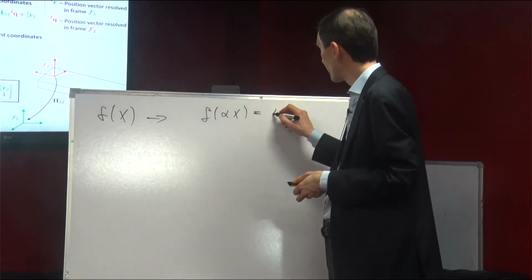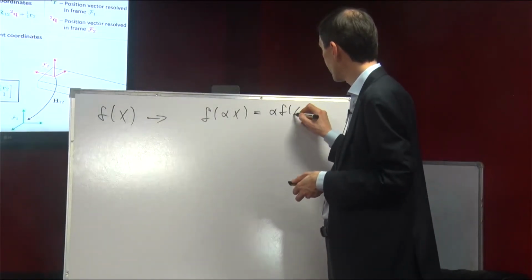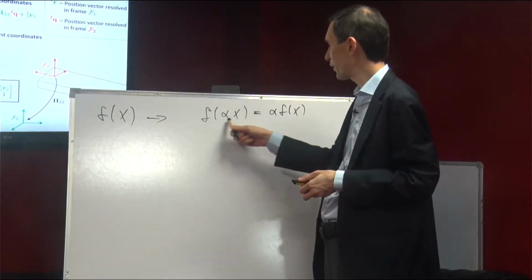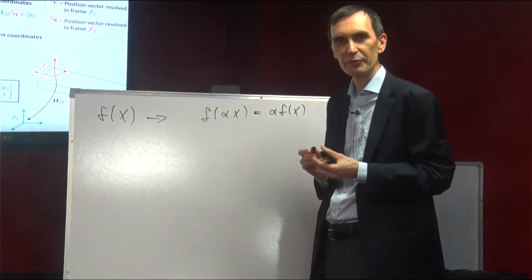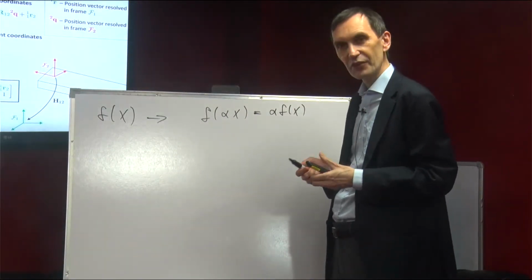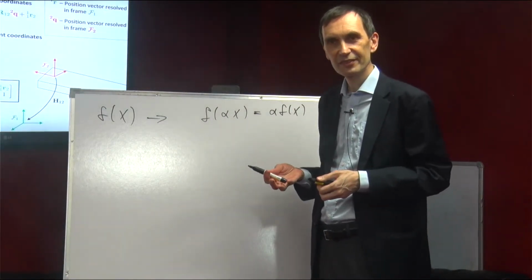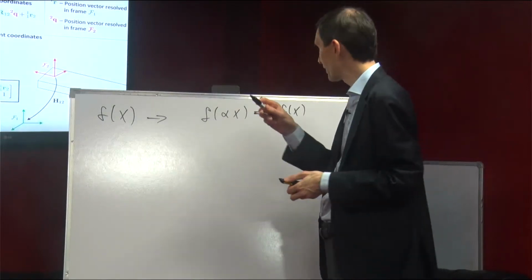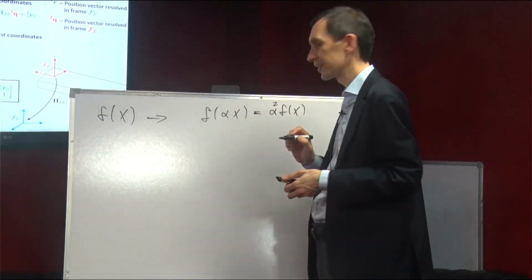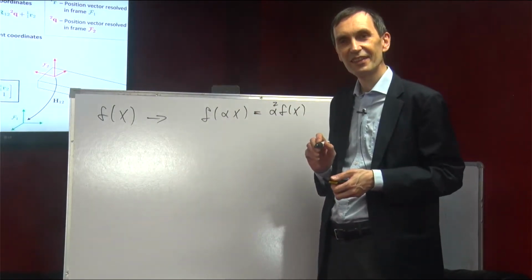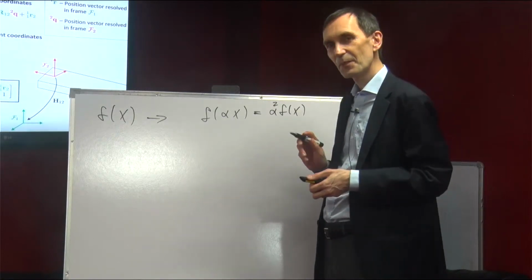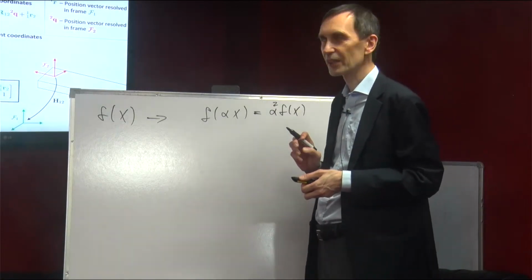Now, what if the function is linear? If the function is linear, then f of alpha x is equal to alpha times f of x. What if it is quadratic? If it's quadratic, not always.